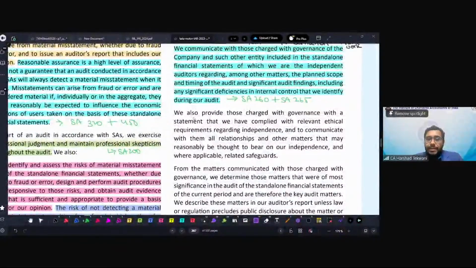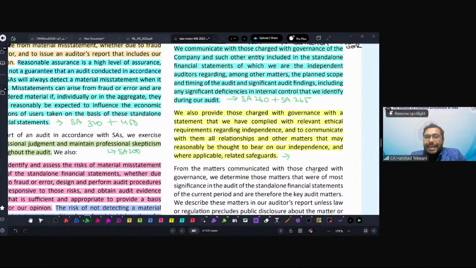Then the next paragraph is again that we also provide those charged with governance with a statement that we have complied with the ethical requirements regarding independence, and communicate relationships and other matters that may reasonably be thought to bear on our independence and, where applicable, related safeguards. Again, from which SA is this coming? SA 250? Not 250, 265.